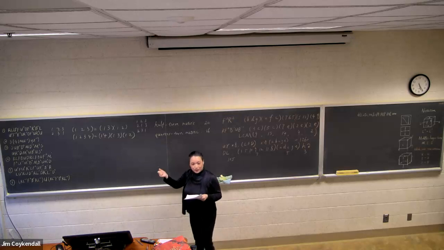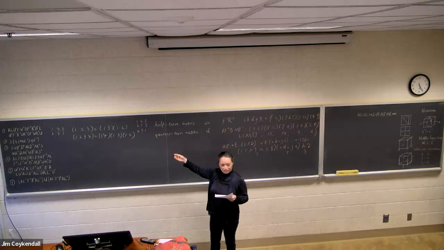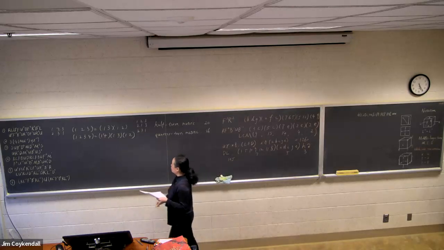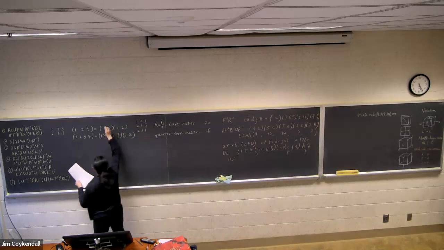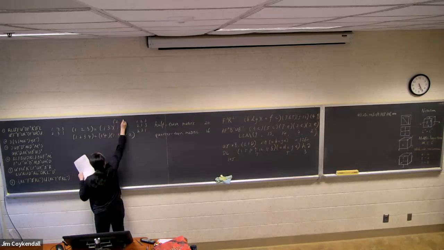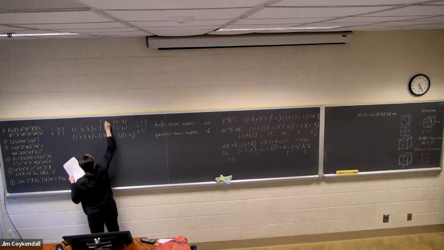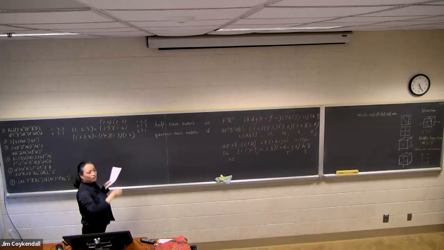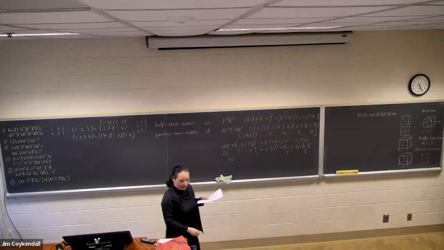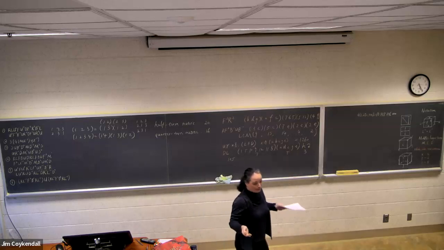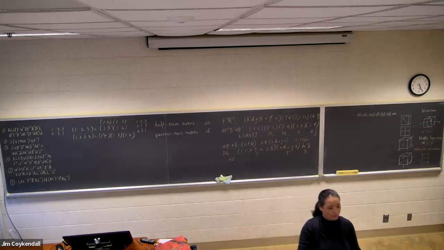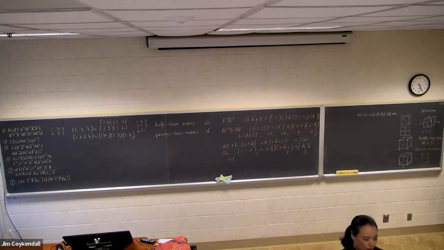That's not the only way to rewrite things in terms of transpositions. For example, this one can be written as you swap 2 and 3 first, and then you swap 1 and 2. That's also 1, 2, 3. Actually, there are infinitely many ways to rewrite a permutation. Always add more transpositions.